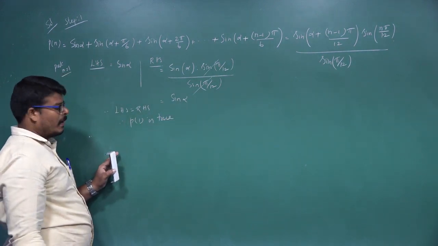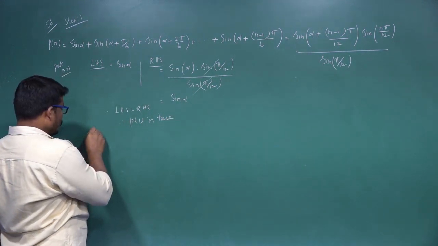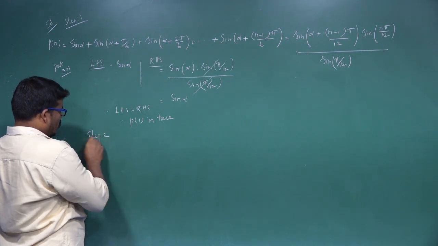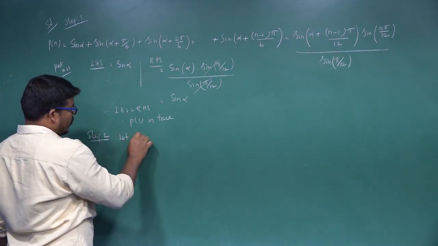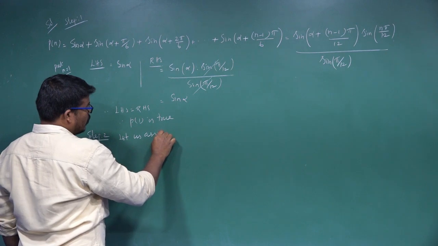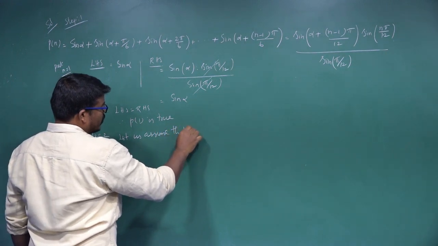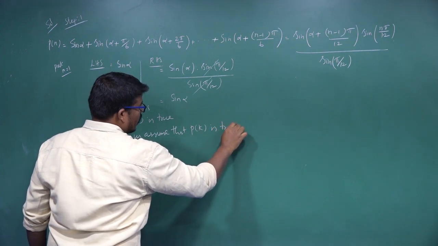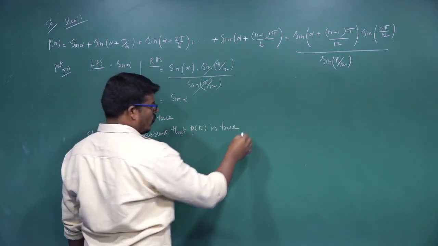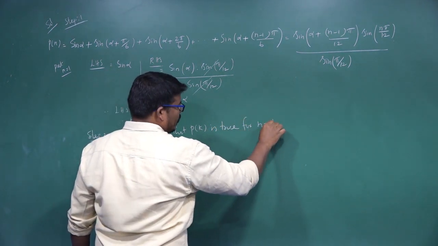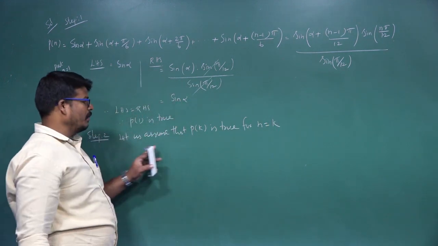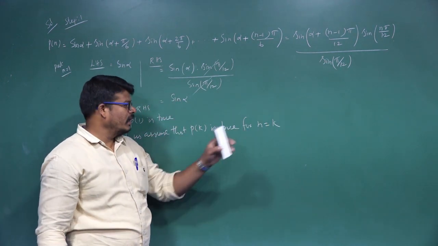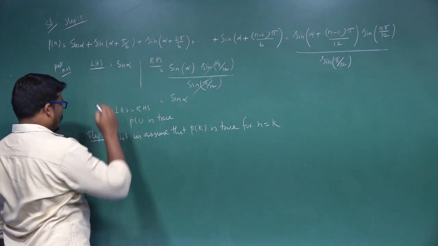First one is over. Next one, step 2. Let us assume that P of k is true for n equal to k. Now substitute in P of n.